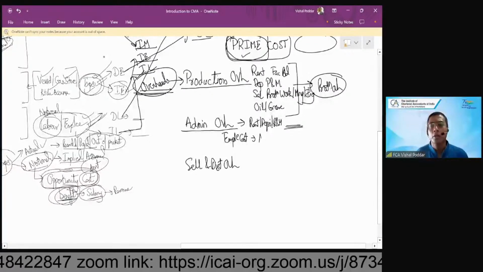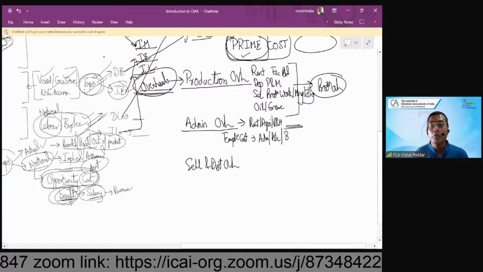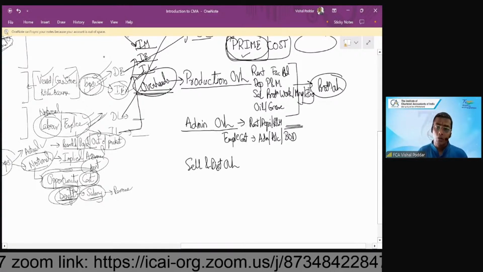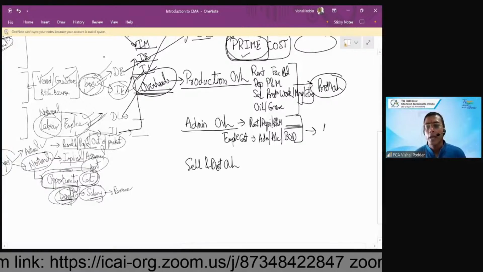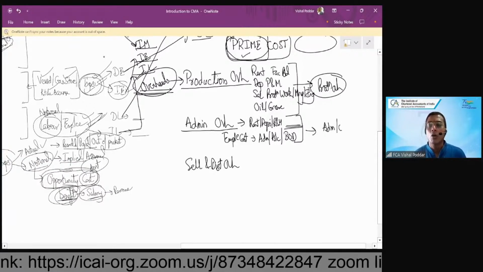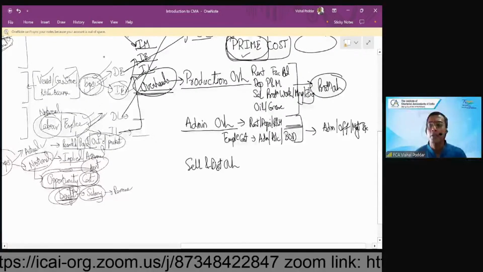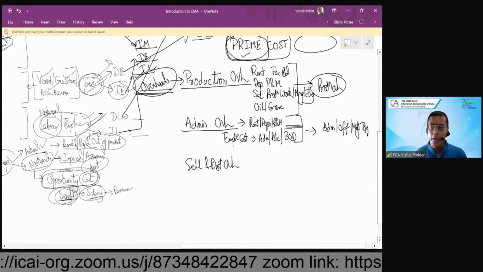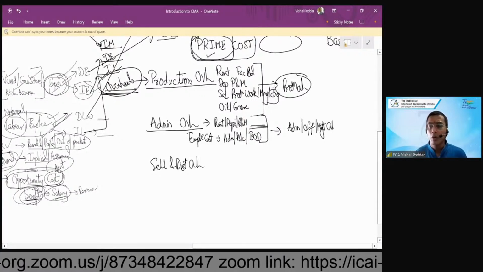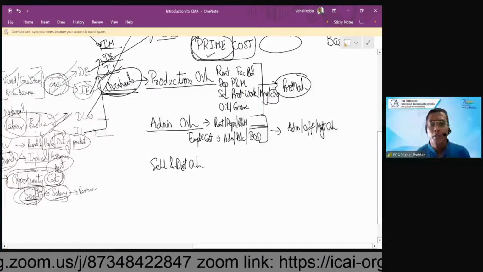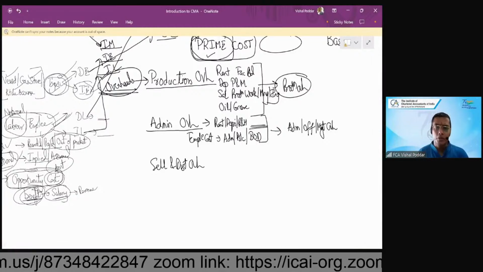Again, which employees? The administrative staff, the accounting staff. Again, most important, all your board of directors, they are also part of the management. So this total is my administration, or my office, or my management expenses or overheads. More correctly, it is overheads, but see, many terms are used, so don't get confused, because somebody may call it expense, somebody may call it administration expense. So it is administration expense or administration overheads.